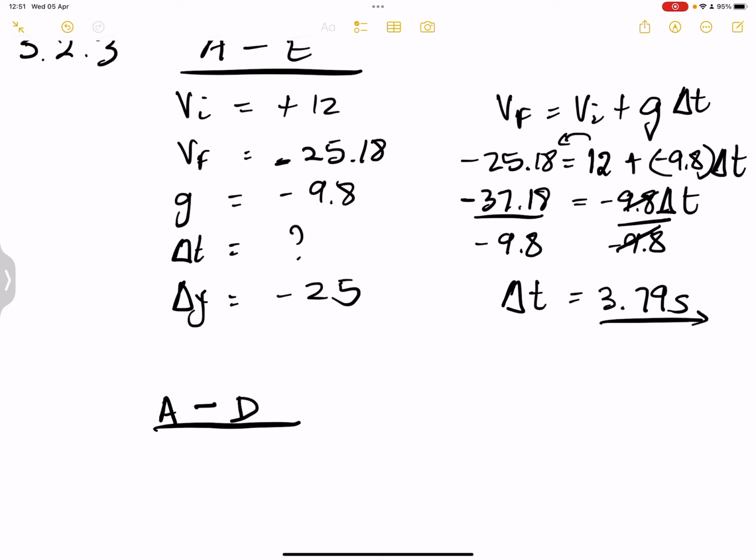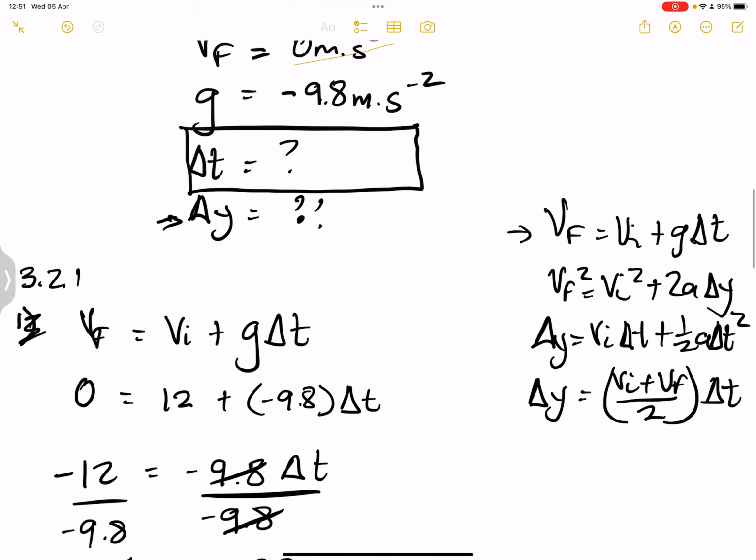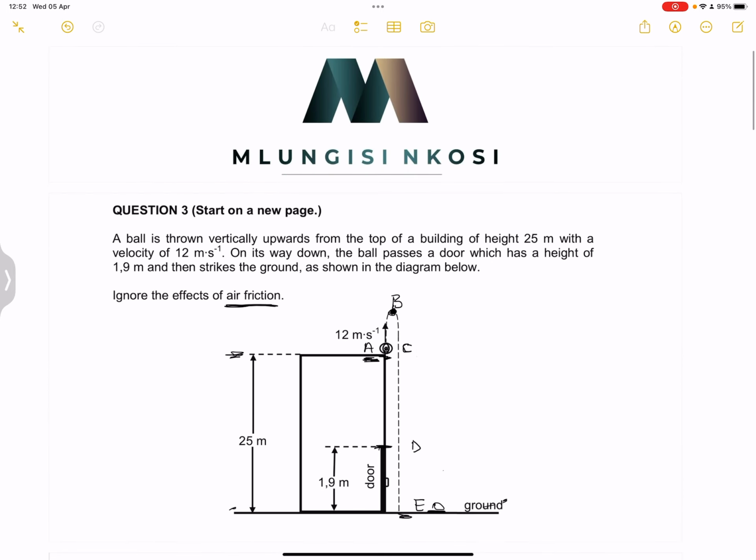Again, I'm going to apply the very same thinking. In this case, all the information still remains the same. Now, I don't know what my velocity is when it got to D. The gravitational acceleration is negative 9.8. And the time, that's exactly what I'm looking for. And in this case, what is the displacement from the beginning to that point D?